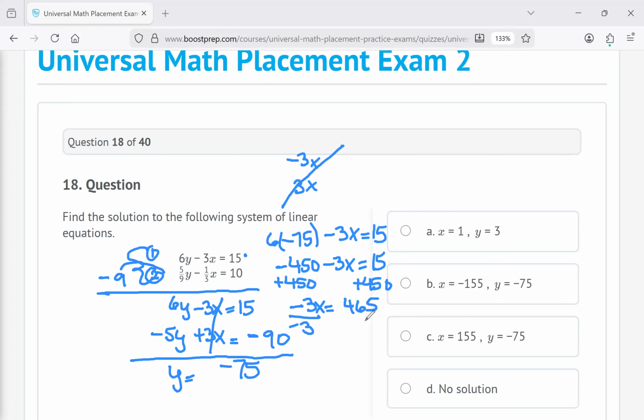Divide this by negative 3. I get negative 155. So x equals negative 155, y is negative 75. So letter B.